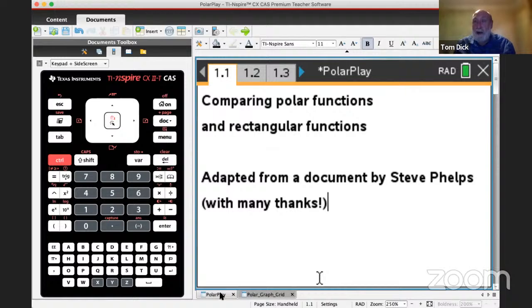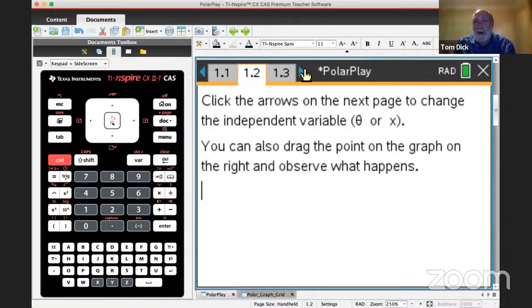The independent variable is theta, the dependent variable is r, just like y equals f of x. What Steve Phelps put together here was a document where he took the same expression in theta, r equals an expression in theta, and changed it to y equals the same expression in terms of x. So you can compare the two.